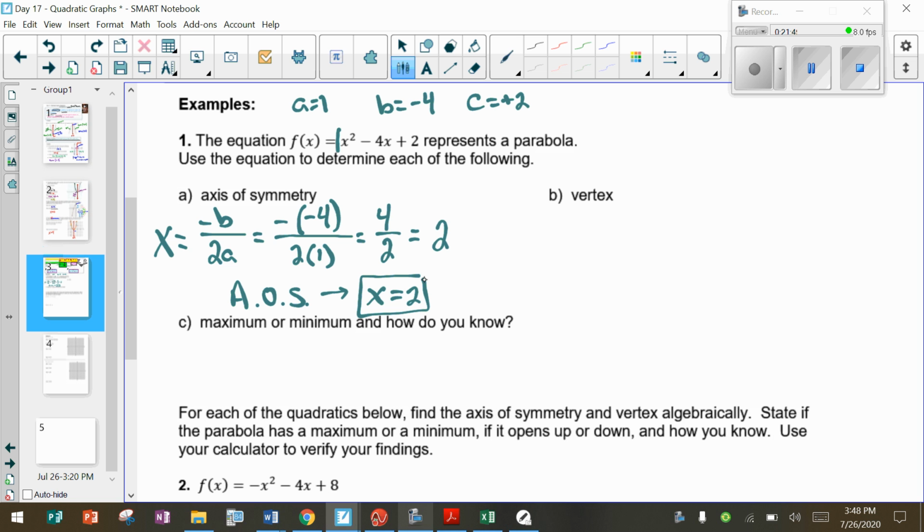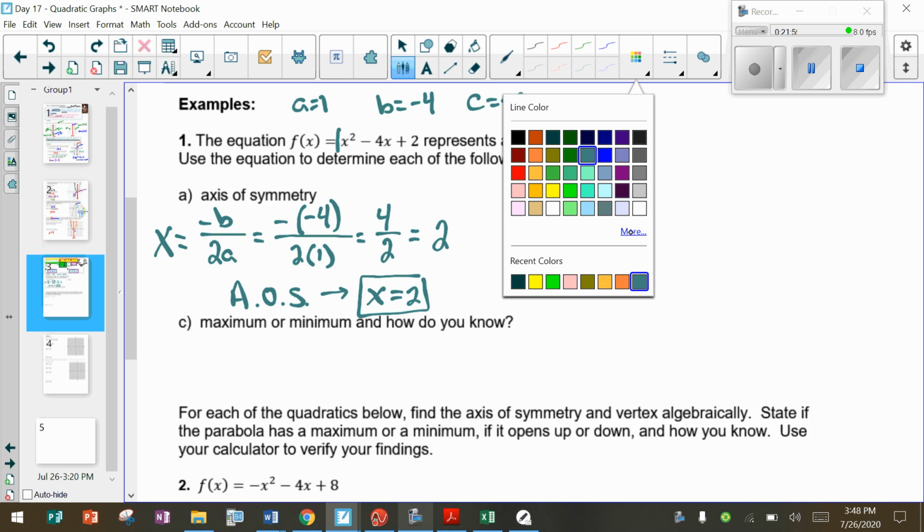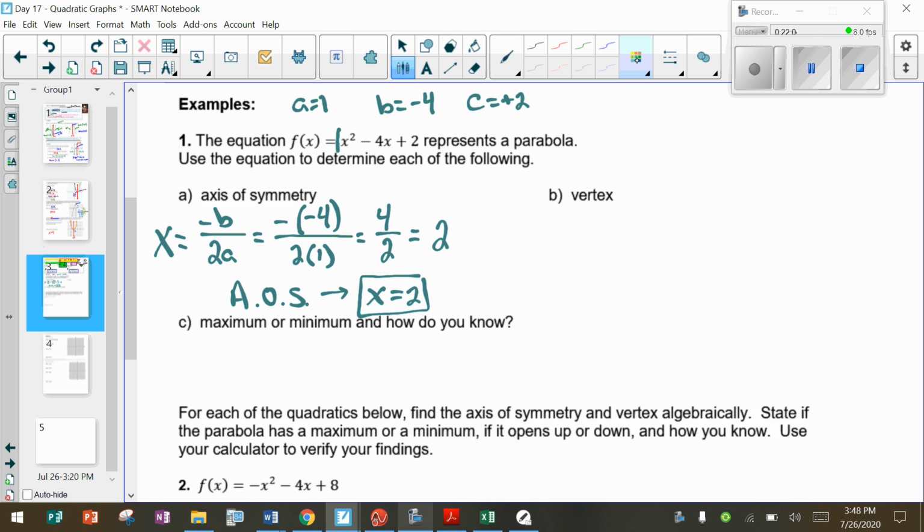Now that we know the x value, the coordinate for the vertex needs a y value to go with it. So we are going to plug that x value into the equation and do a little calculation to find the y value. We take our function and plug in 2 everywhere that there used to be an x. So it becomes 2 squared instead of x squared, minus 4 times 2 instead of 4x, and then plus 2.